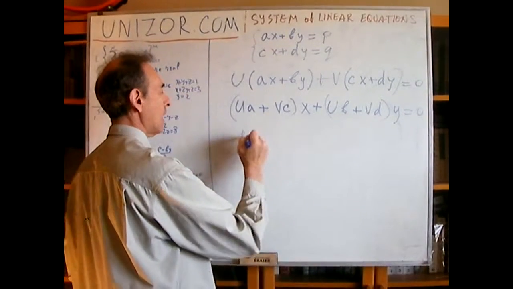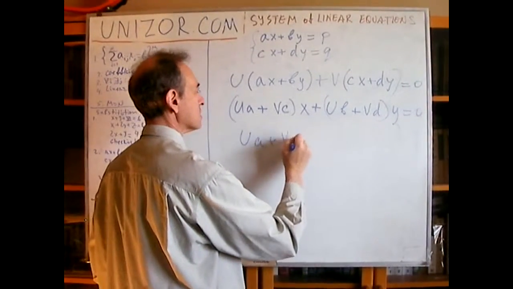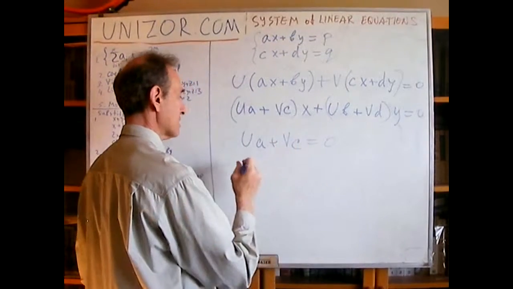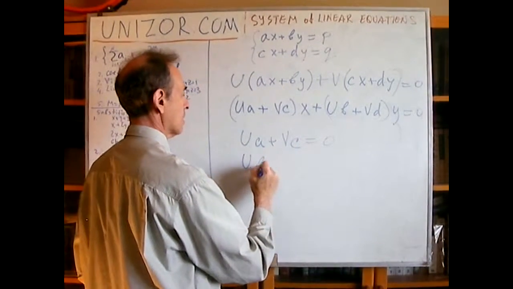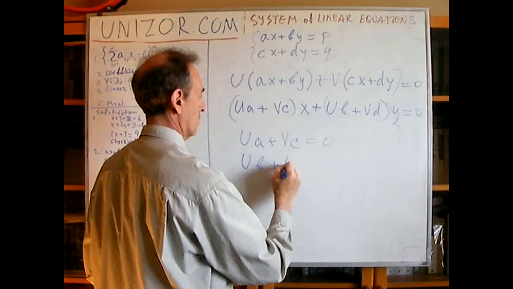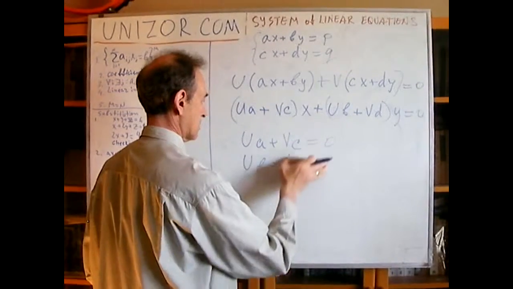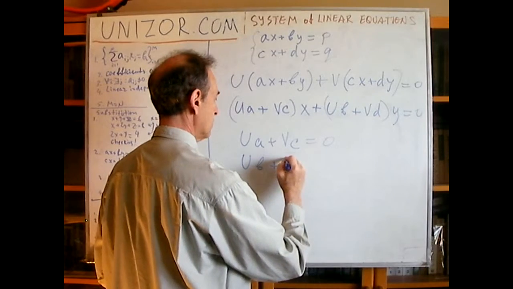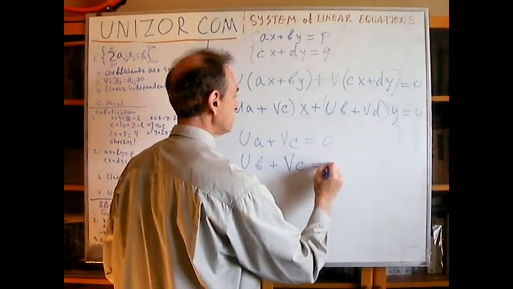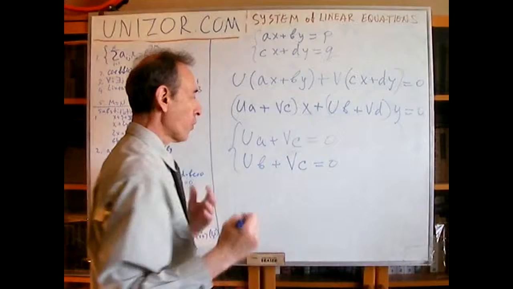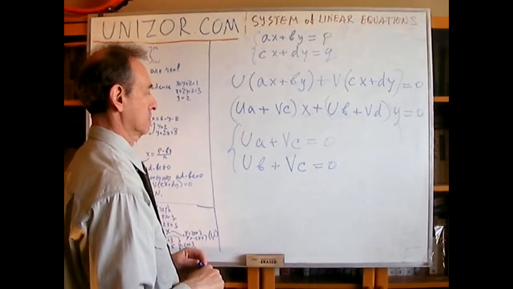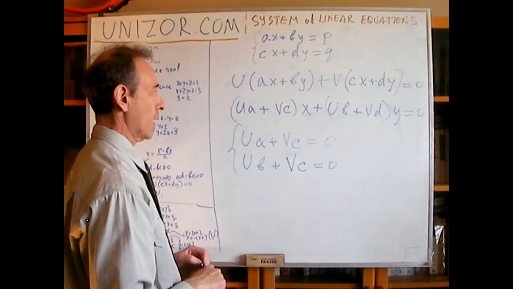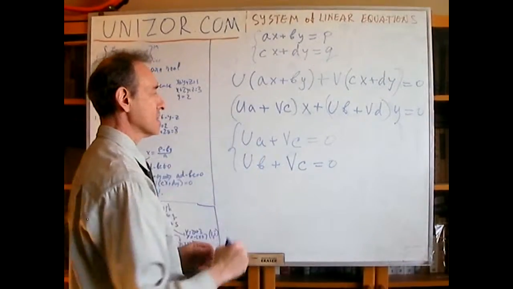So basically we have this interesting system, again, a system of two equations with two variables. Now the variables are u and v. So my question is, when is it possible?